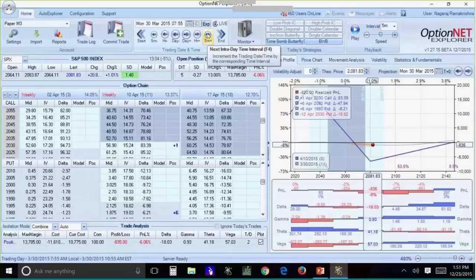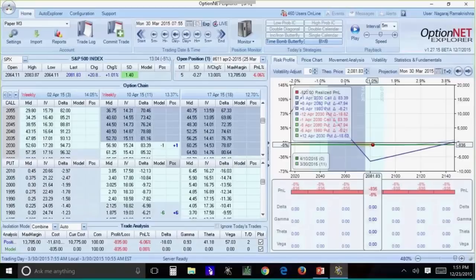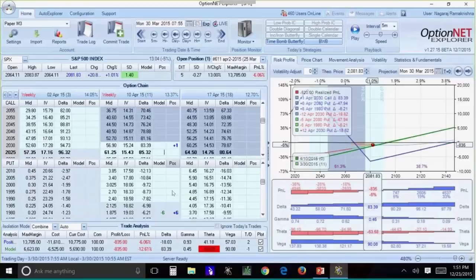Okay, I ended up having to adjust again to the upside by moving only the butterflies this time. I closed 6 of the 2030s and opened 5 of the 2050s again.